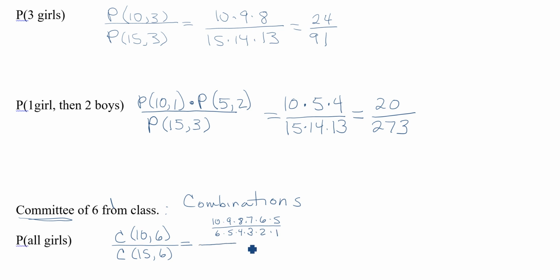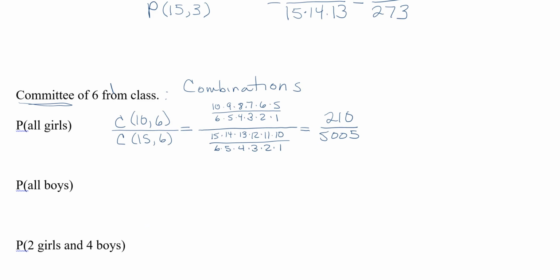And in the denominator, I would have 15, 14, 13, 12, 11, 10 over 6, 5, 4, 3, 2, 1. And if I multiply that out in the numerator, I'll have 210. And in the denominator, I will have 5,005.